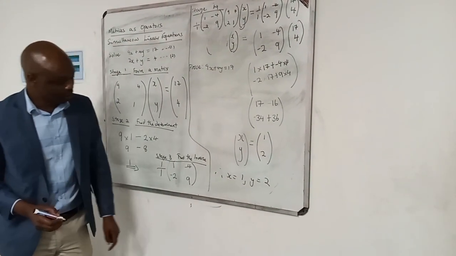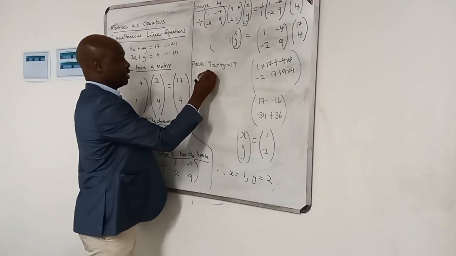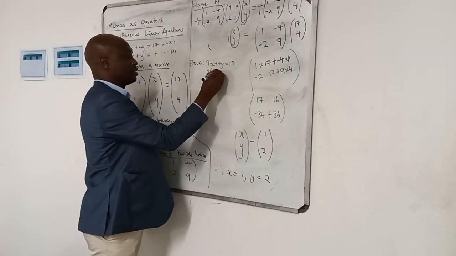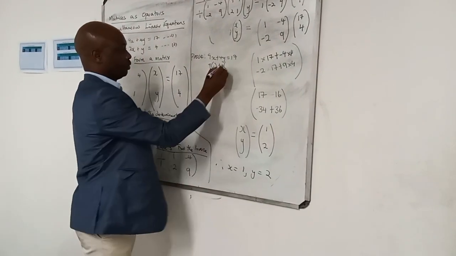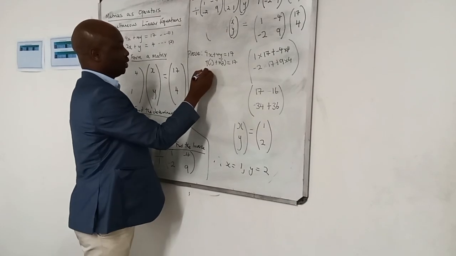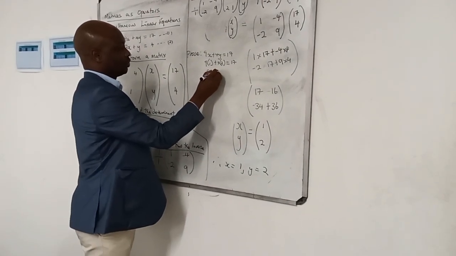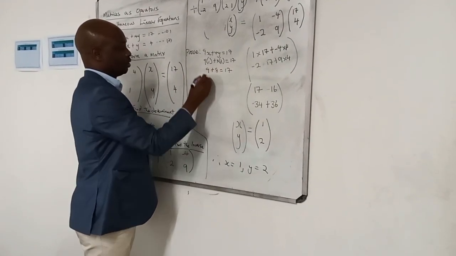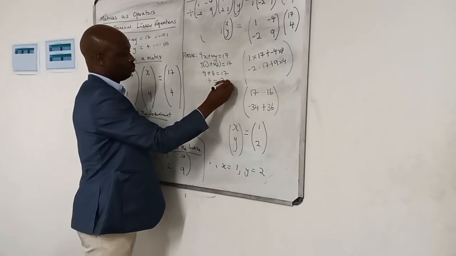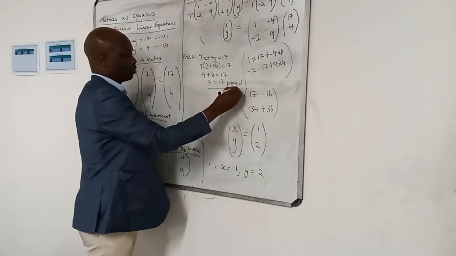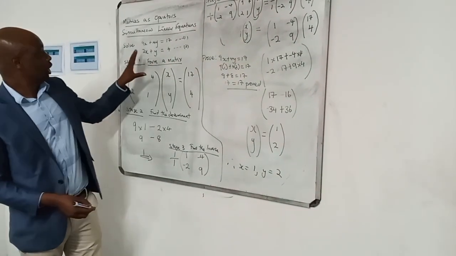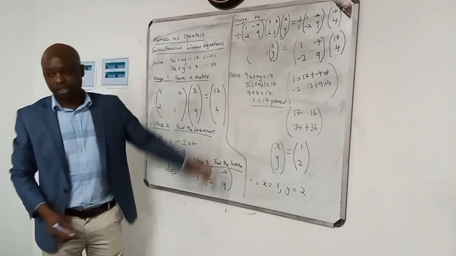Now that we have the values, 9 times the value of x, which is 1, plus 4 times the value of y, 2, should give us 17. So 9 plus 8 is equal to 17. 17 is equal to 17, proved. So it means our answer is correct. This is how we solve simultaneous equations using the matrix method.